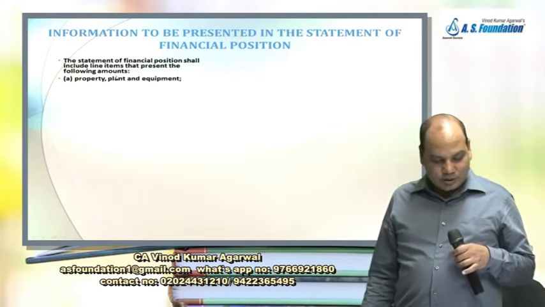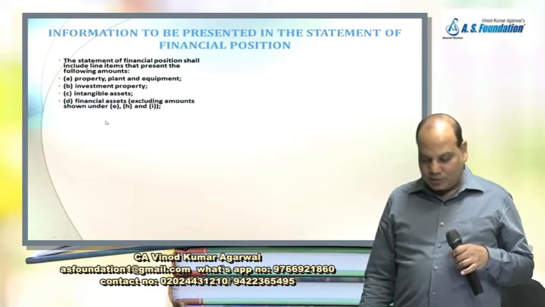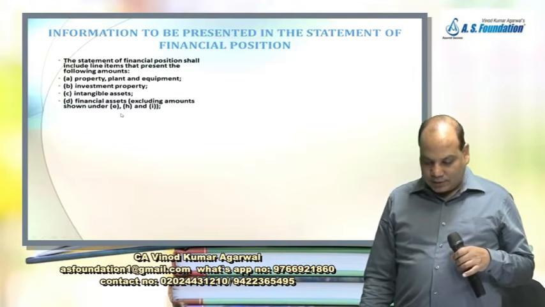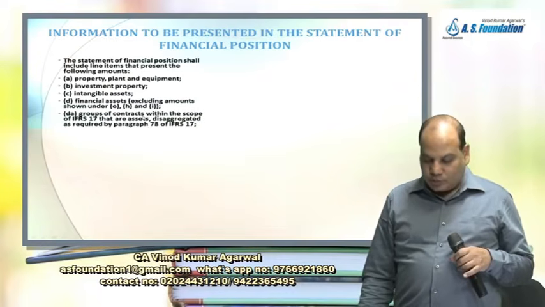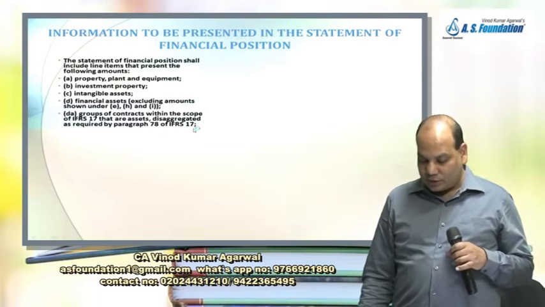Property, plant, equipment, investment property, intangible asset, financial asset, excluding amounts shown in E, H and I. Then group of contracts within the scope of IFRS 17 that are assets, disaggregated as required by para 78 of IFRS 17.